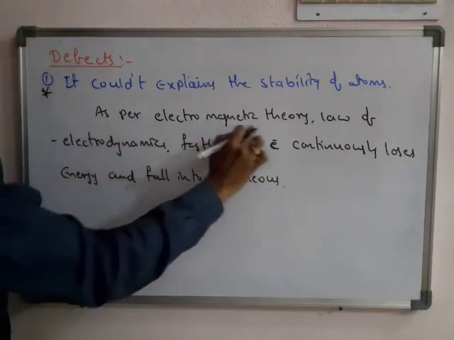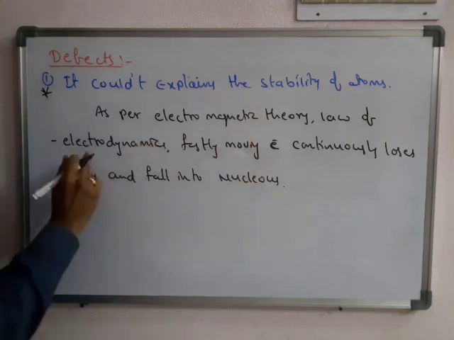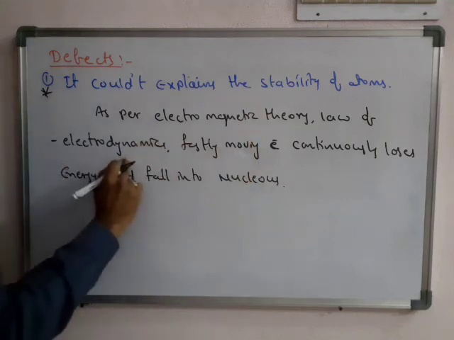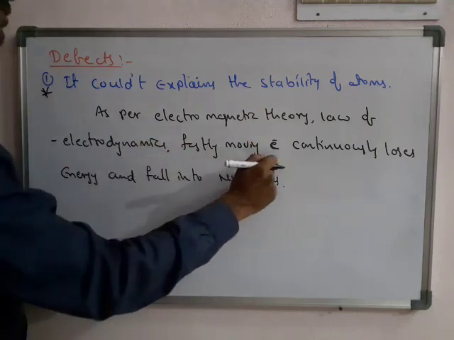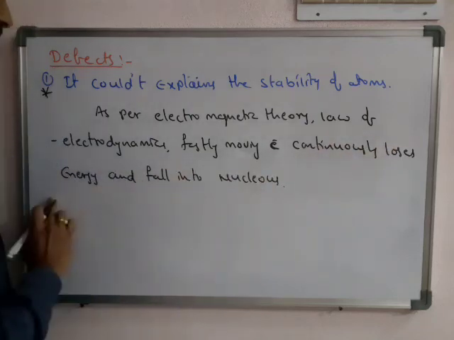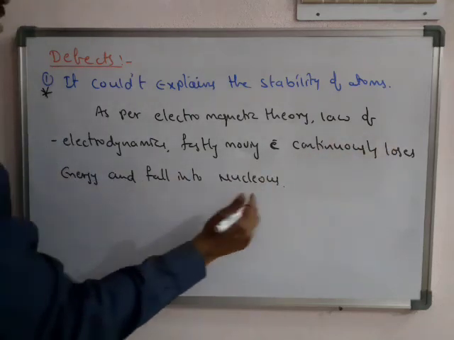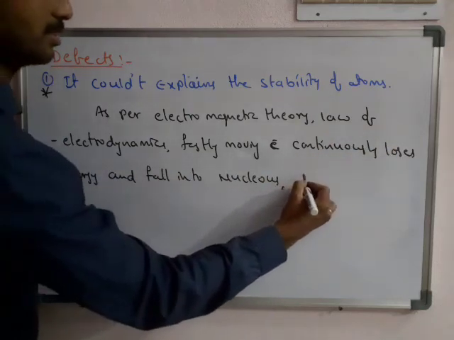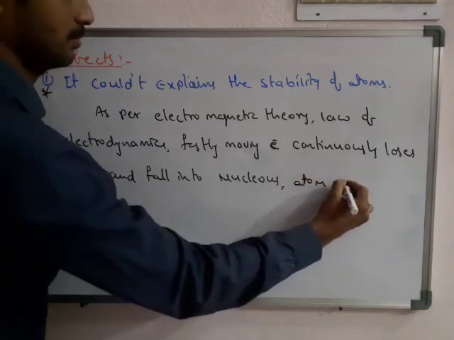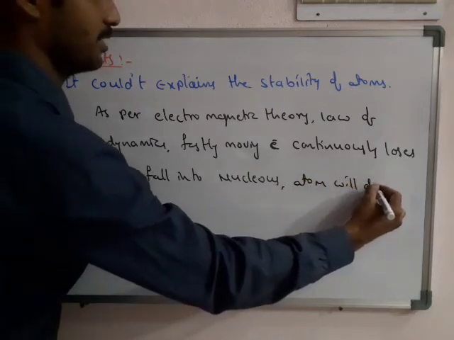So a fastly moving negatively charged particle continuously loses its energy and falls into the nucleus. The atom will be destroyed.